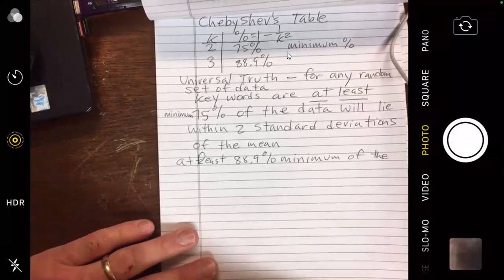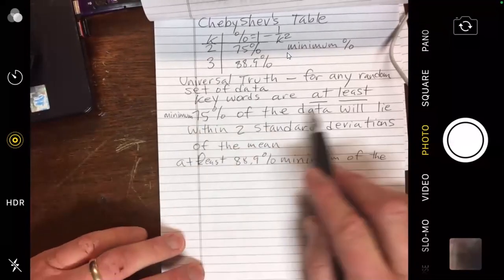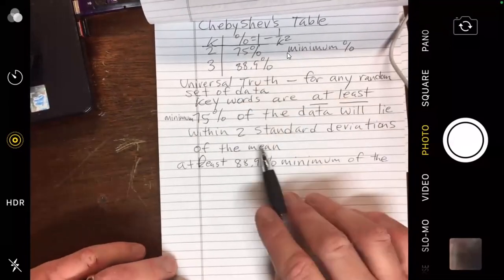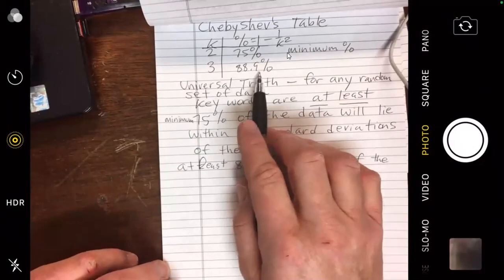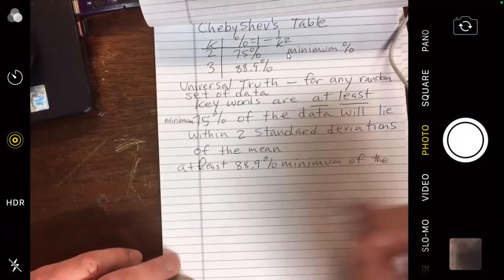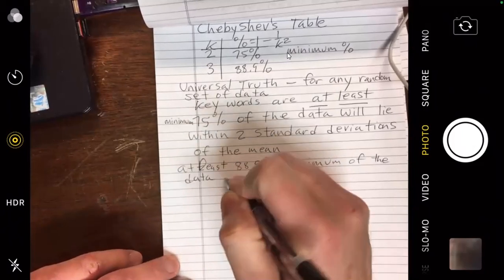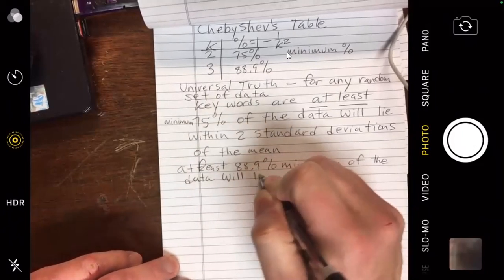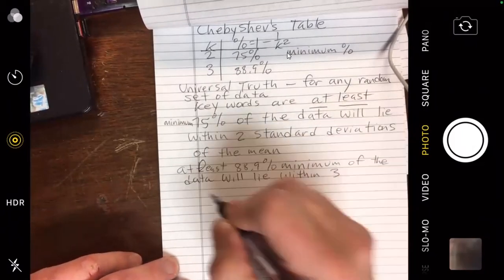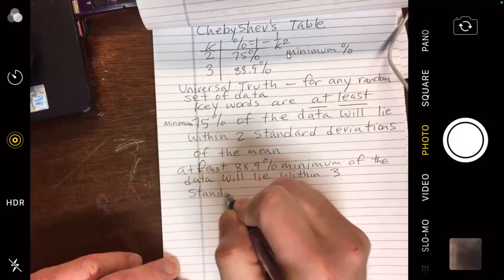All right, so we were trying to explain the minimum 75% of the data will lie, according to Chebyshev, within 2 standard deviations of the mean, and at least 88.9% of the data will lie within 3 standard deviations of the mean.